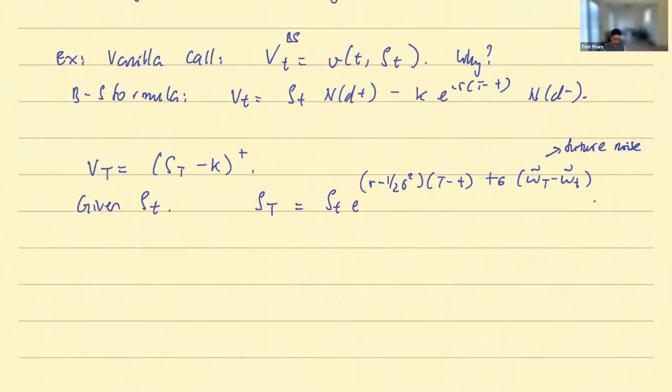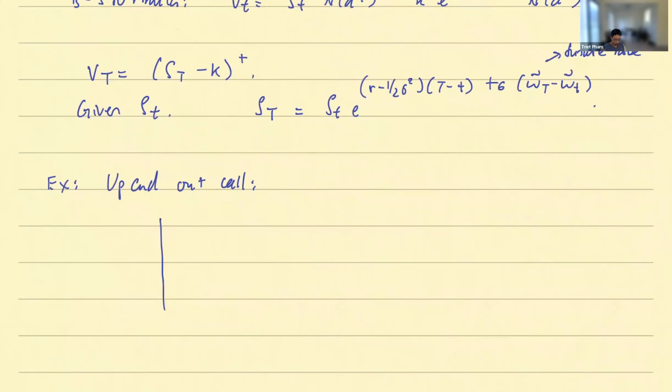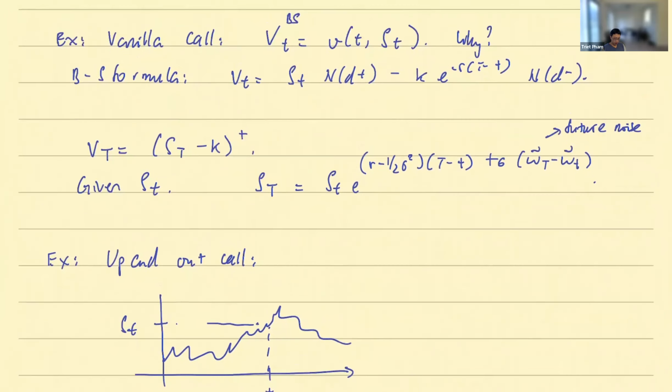So now, let's take a look at, for example, the barrier option, up and out. Like I keep emphasizing, for an up and out call, if you are given the stock price at time little t, it's not enough to know the future payoff.